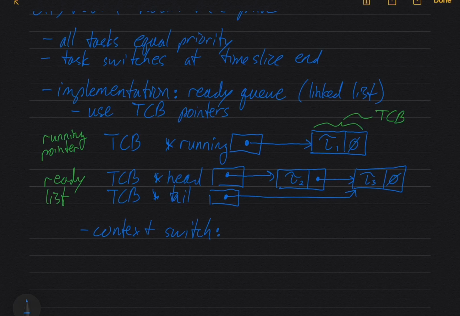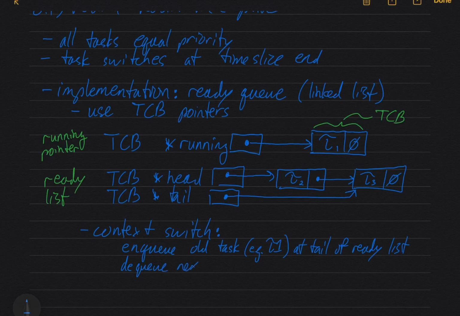So on a context switch, we will enqueue the old task, or the currently running task. So in this particular scenario, task 1, at the tail of the ready list, and we will dequeue the next task to run.